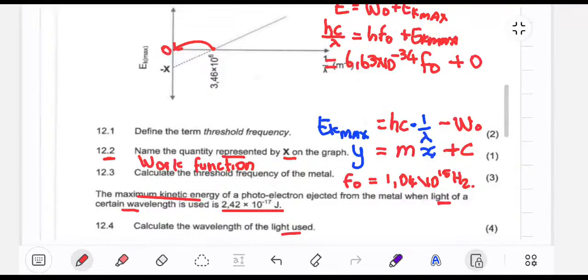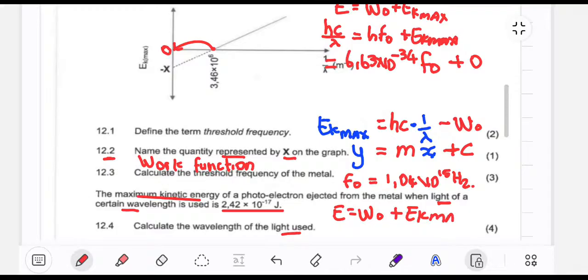So now that we know the threshold frequency, I can easily identify the work function. Besides that, I'm given EK max, so I will use this formula: E equals W naught plus EK max.